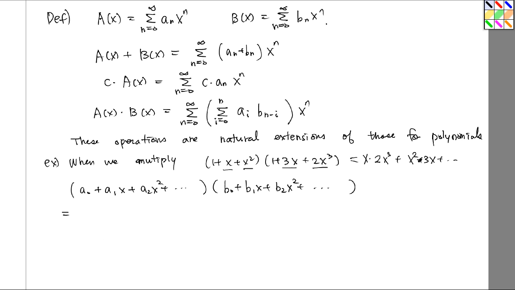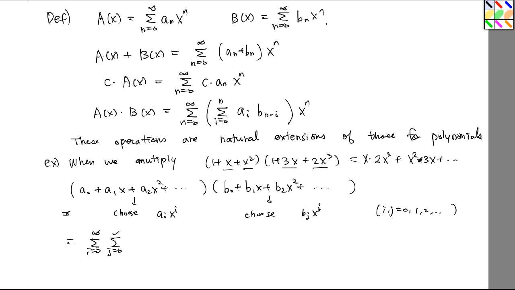Here we can choose any term, so it can be ai x to the i. Here we choose any term, say bj x to the j. Here of course i and j can be any non-negative integer. Then this means i is from 0 to infinity, j is from 0 to infinity, ai x to the i times bj x to the j.